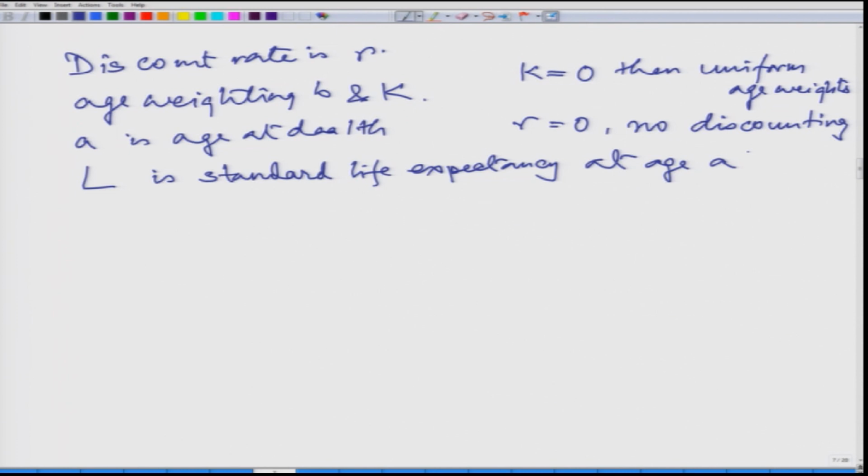And then how we estimate this YLL and YLD.